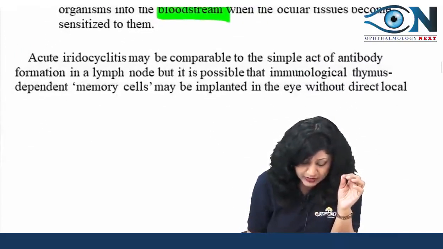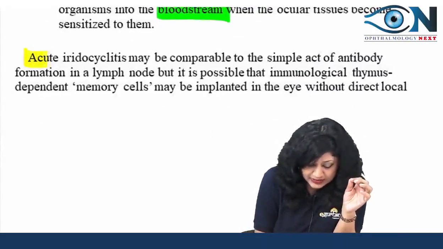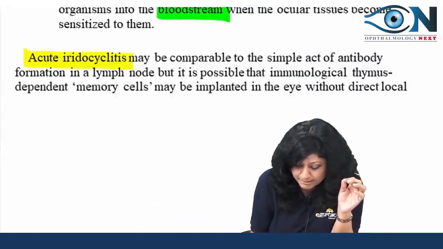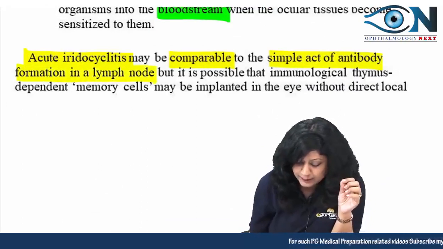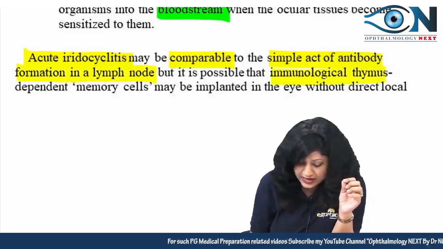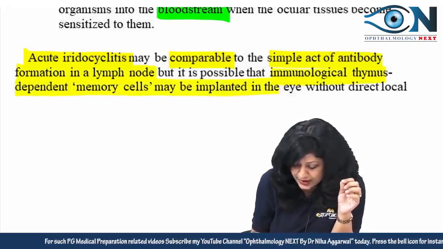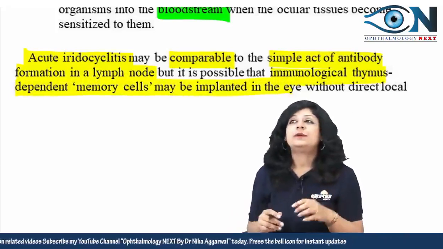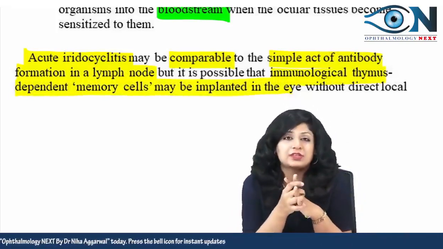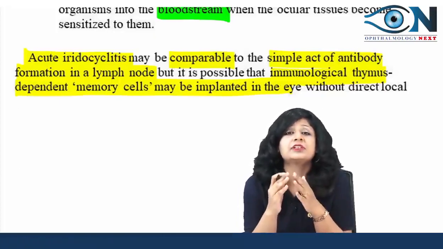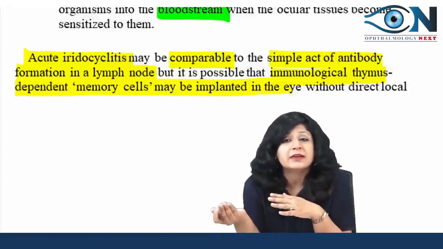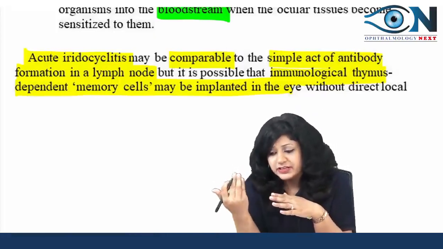So if you start with the acute iridocyclitis, this may be comparable to the simple act of antibody formation in a lymph node, but it is possible that the immunological thymus dependent memory cells may be implanted in the eye. Now, the acute iridocyclitis or acute anterior uveitis is comparable to the same antibody formation that takes place in the thymus and in the lymph node.